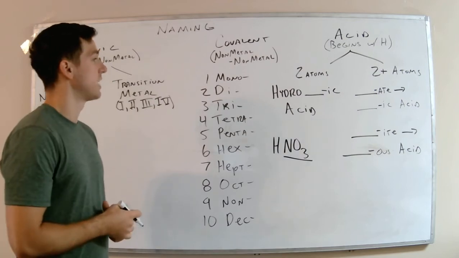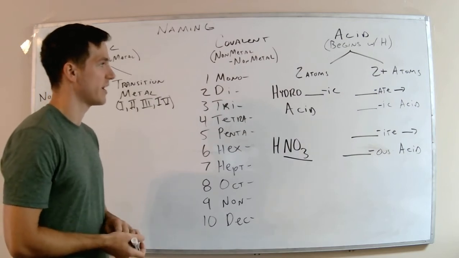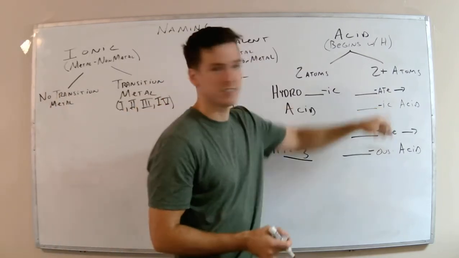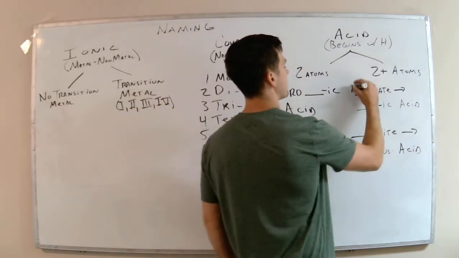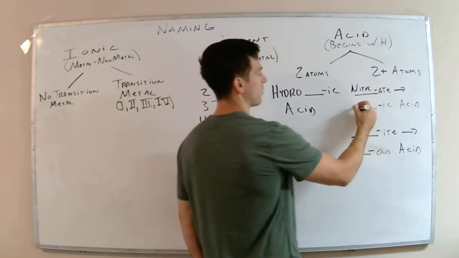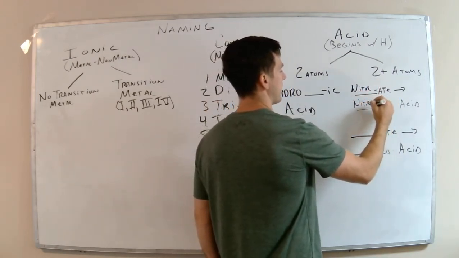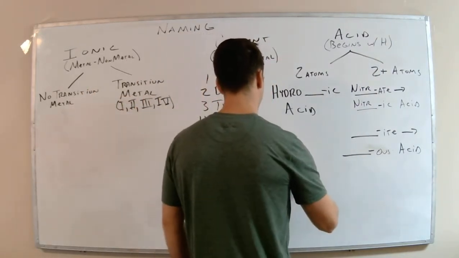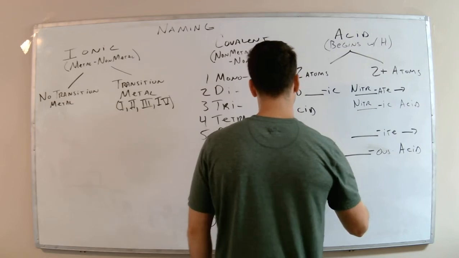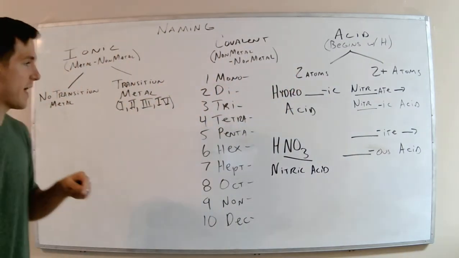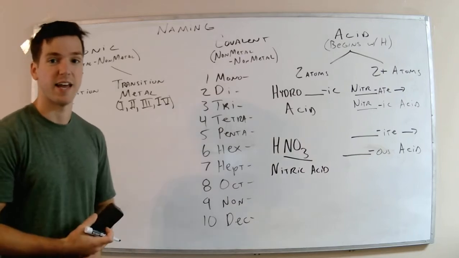That nitrate ends with ate, so I will change ate to ic. It was originally nitrate, so I change it to nitric acid. No hydro. Hydro is only with two atoms. So with more than two atoms, you just say nitric acid.